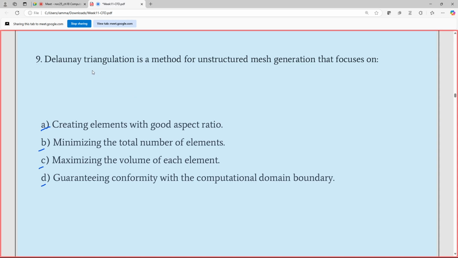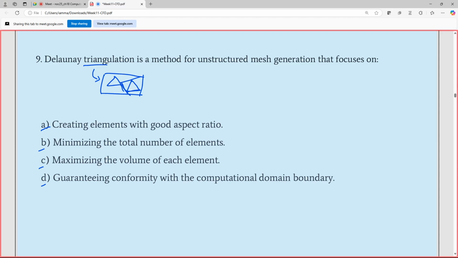We have learned in the lectures that Delaunay triangulation is a classic method for dividing our domain into triangles. That's why it's called the triangulation method.